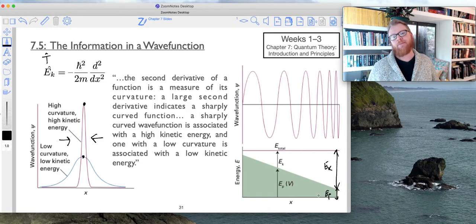Rather, it's changing. And when we see something like this in our wave-particle duality, we would interpret this as a particle moving to the right. So in this reference frame, where this is my x-axis distance and this is 0, the origin, a wave function with curvature like this would indicate, for one, a non-constant potential energy.